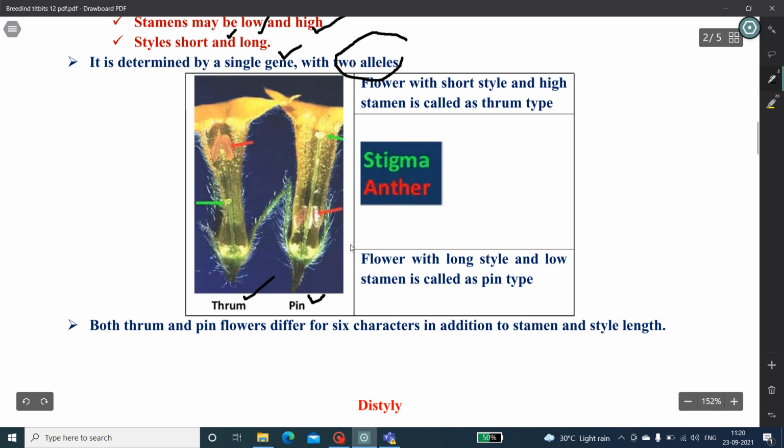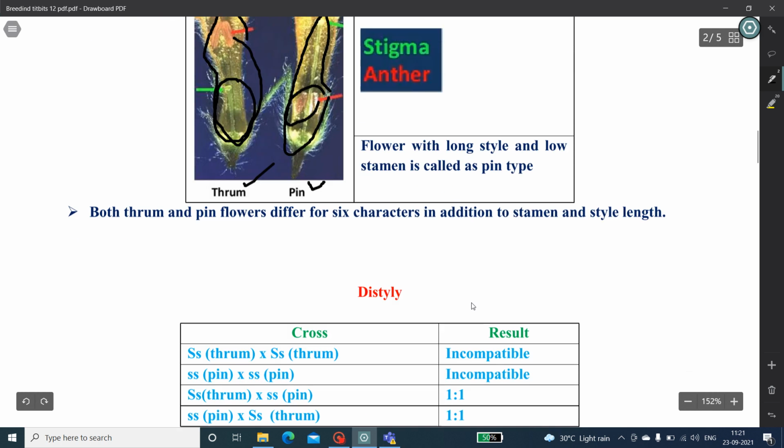The flower with the short style and high stamen is called the thrum type, and the flower with long style and low stamen is called the pin type.